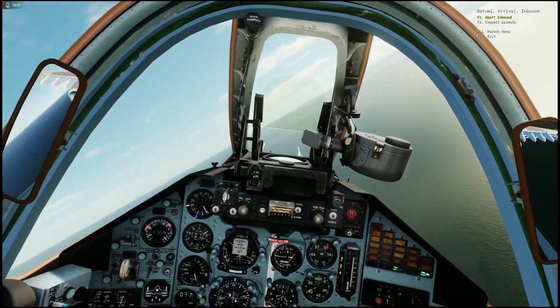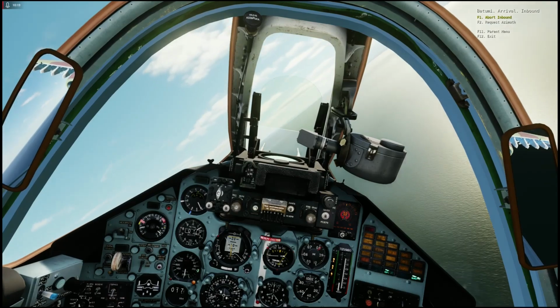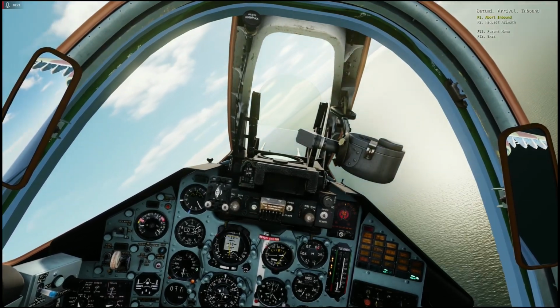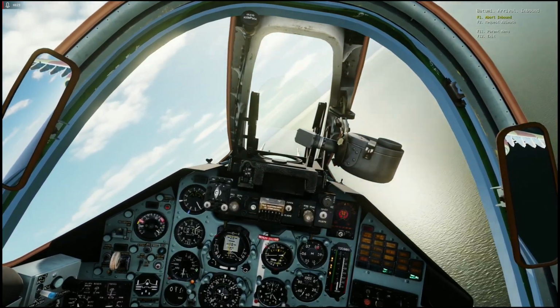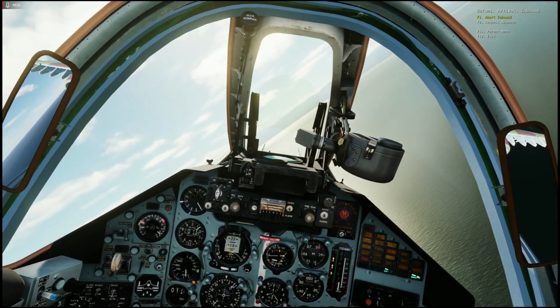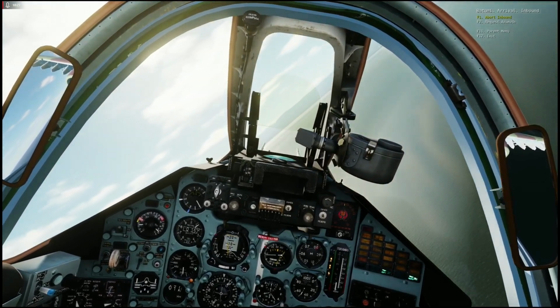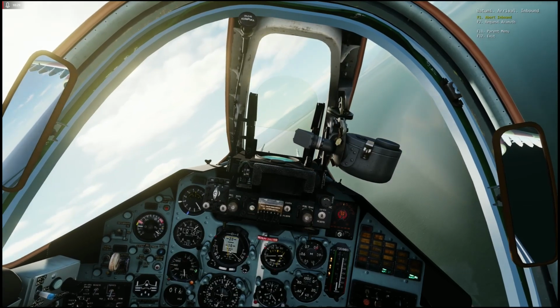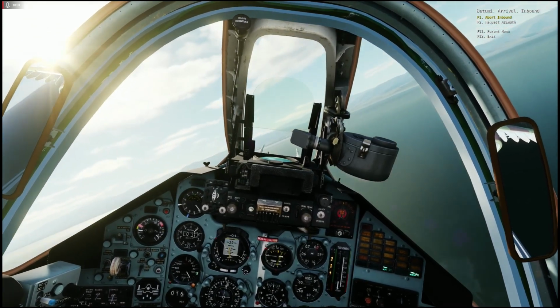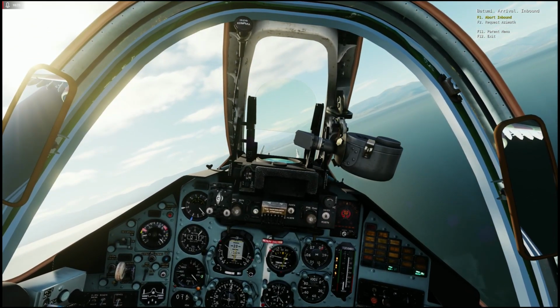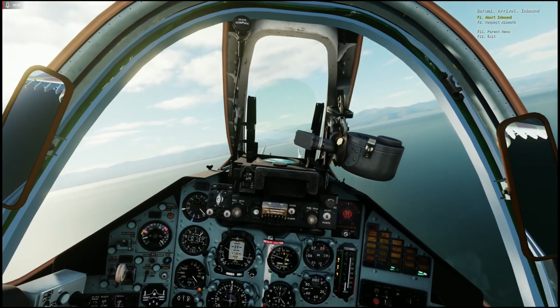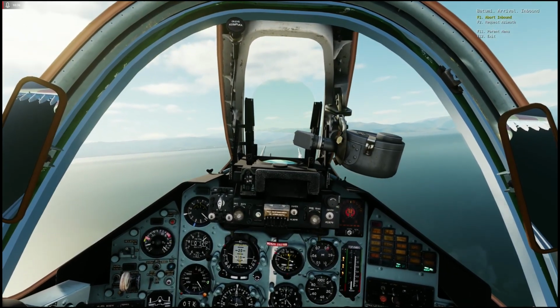And we are on landing mode. So do a right turn until we get the correct approach, the correct bearing.